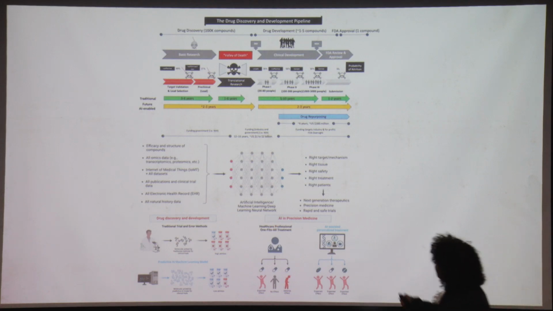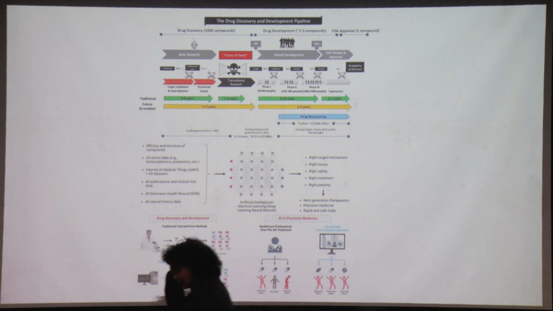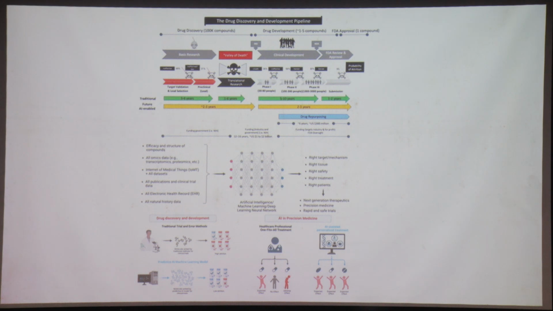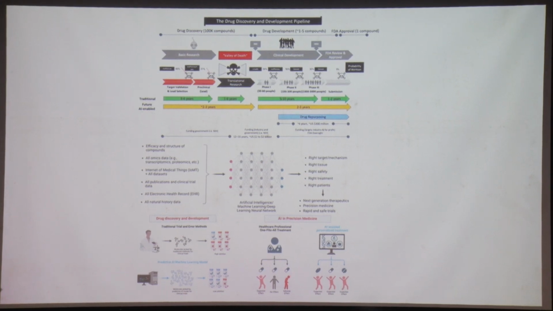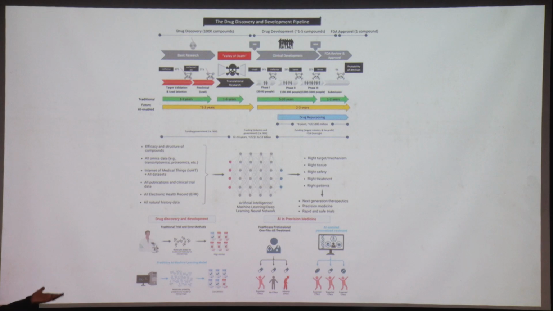The other thing is drug repurposing. When you make a drug for any disease, it takes a long time, and usually it takes billions of dollars to make one drug. If you synthesize it in your lab, it may take $10 or 10,000 rupees, or at the most 1 lakh rupees to make a huge amount.